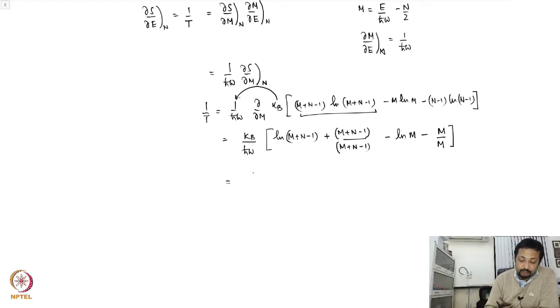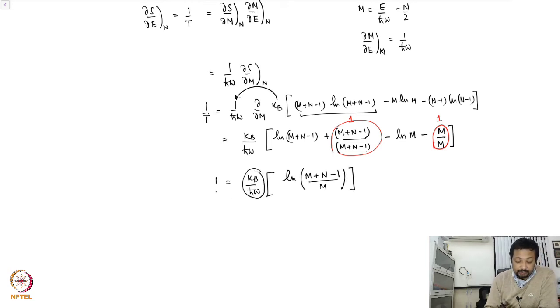So you see this term is 1, this term is 1, which cancel each other because they have opposite signs. You have ln of (m plus n minus 1) divided by m.